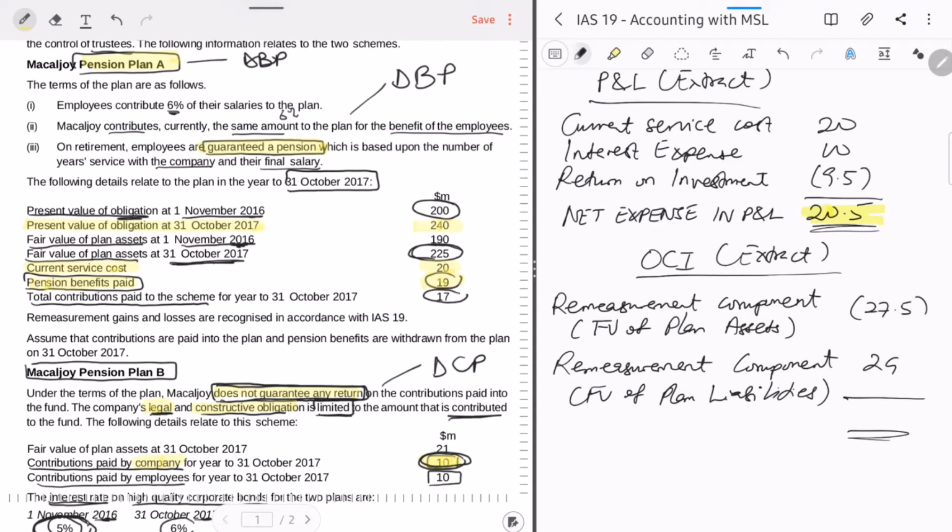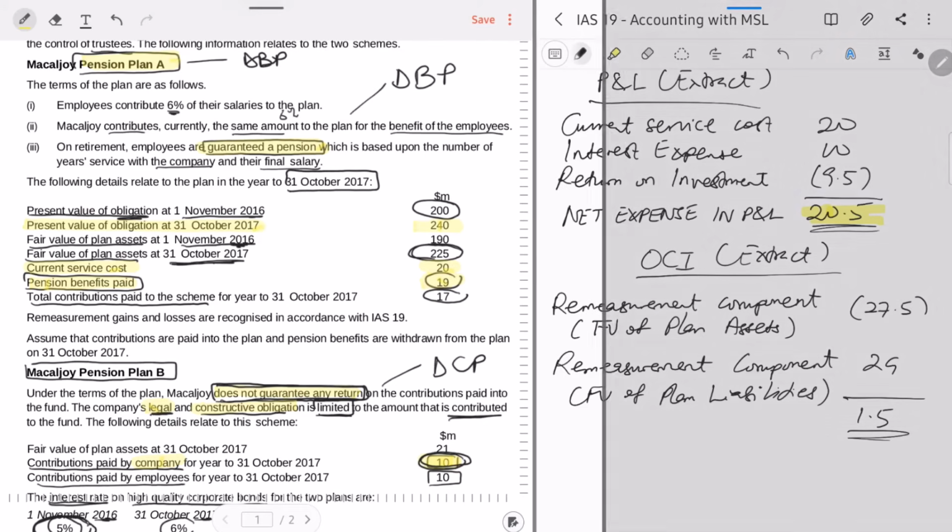So you can see I'll have a net loss overall, right? So what is it going to be? Effectively 29 minus 27.5, right? I think that should give us 1.5 million. So 1.5. This will be my net loss in OCI.